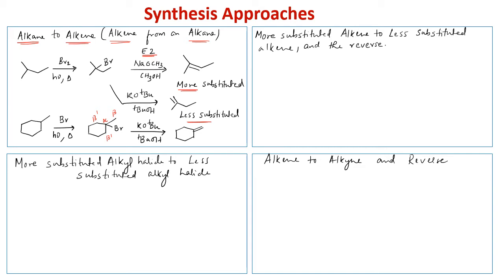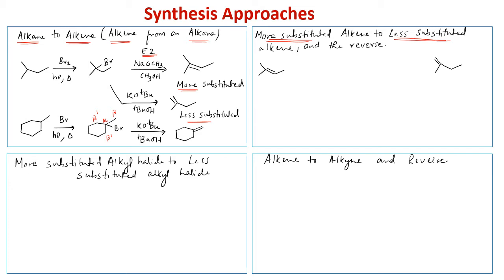Now let's look at some synthetic approaches where you can convert a more substituted alkene into its less substituted counterpart. We have some examples here. Let's say I want to convert this alkene to its less substituted counterpart, which is there. We just made both of these alkenes from the alkyl halide.